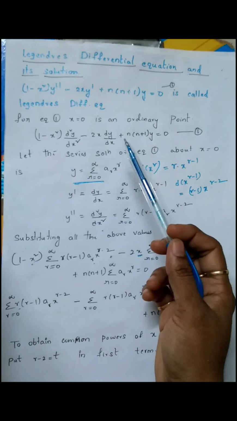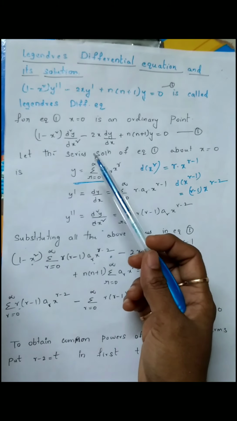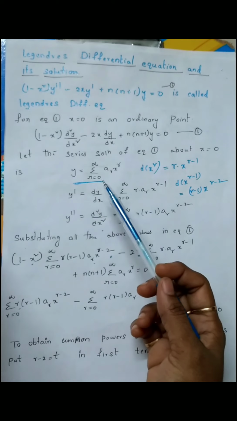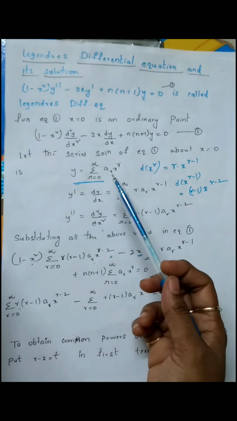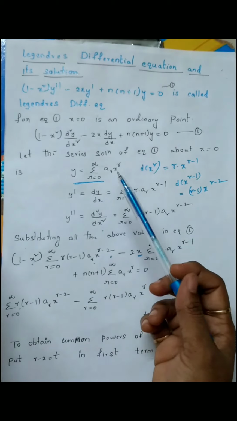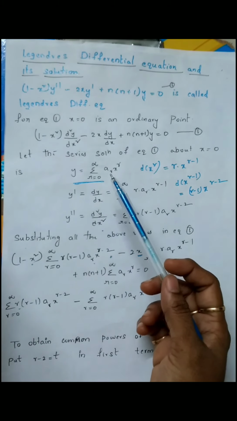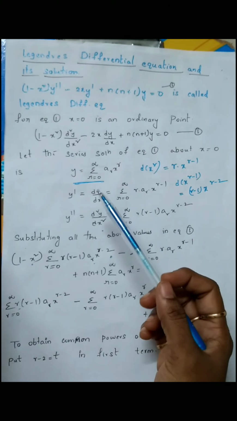For this Legendre's differential equation, the series solution is y is equal to sigma r is equal to 0 to infinity a r x power r. Now I am going to differentiate this equation with respect to x, dy by dx or y dash.